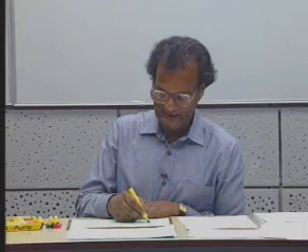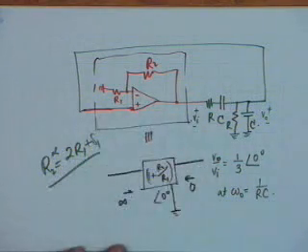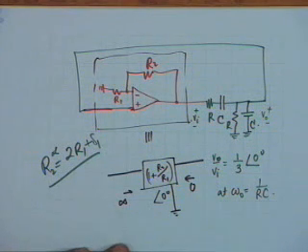Now for starting oscillations, this must be remembered: if you make exactly R2 equal to 2 R1, it may not start the oscillations, because this is a marginal condition. You should use R2 slightly greater than 2 R1, so that the gain is slightly greater than 3. This is a practical trick. The gain has to be slightly greater than 3, then only the oscillation shall start.